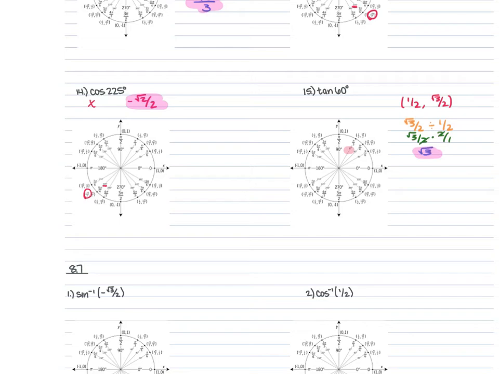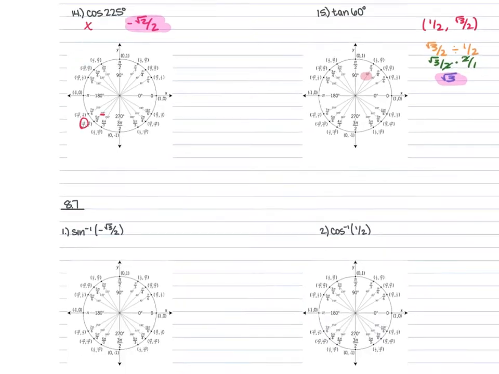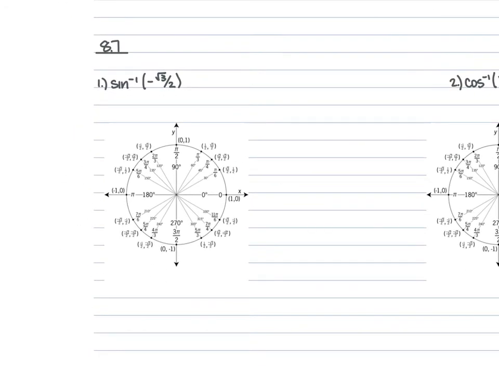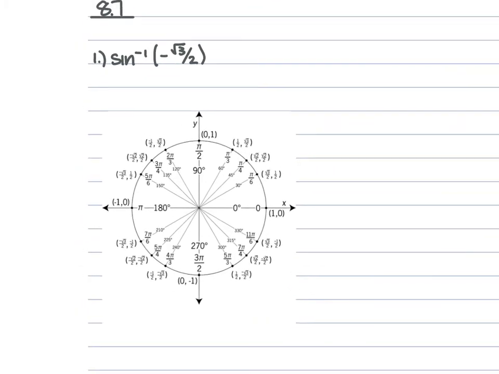For 8 and 7, these are those ones where you're adding 2 pi times n, where n is a whole number, or just 2 pi if it's tangent. So inverse sine of negative square root 3 over 2. We're going to find the negative square root 3 over 2 wherever it is.